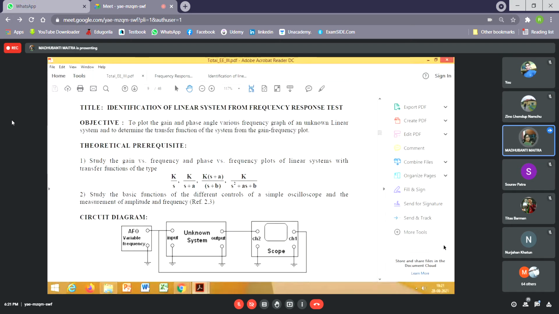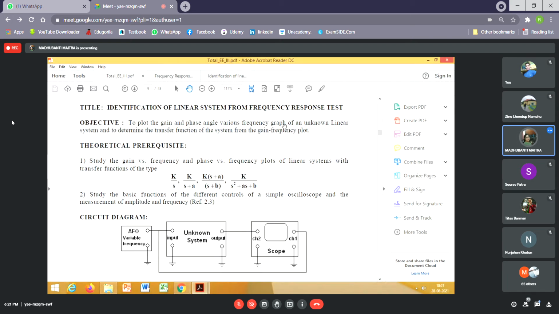What is the objective? There are certain typos. Please note this: to plot the gain and phase angle. Now it's written over here various frequency. So it should read as to plot the gain and phase angle versus frequency graph. Here it should be versus frequency graph of an unknown linear system.